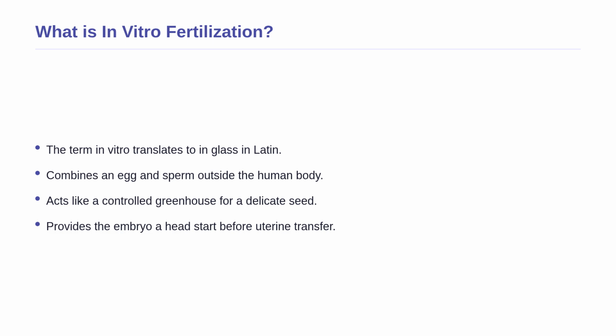In vitro fertilization works exactly like this greenhouse analogy for human reproduction. The term in vitro literally translates to in glass, referring to the laboratory dishes where this delicate fertilization process takes place. When natural conception is difficult, doctors create a perfectly controlled environment outside the body to help the egg and sperm unite.